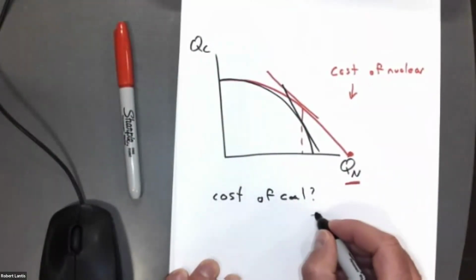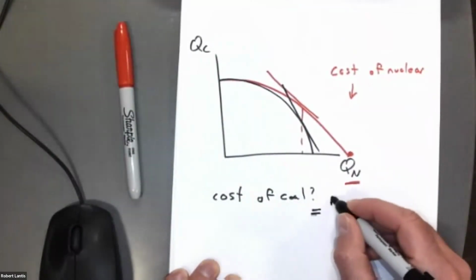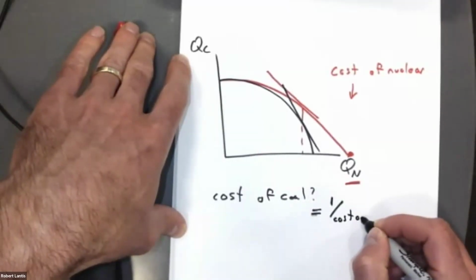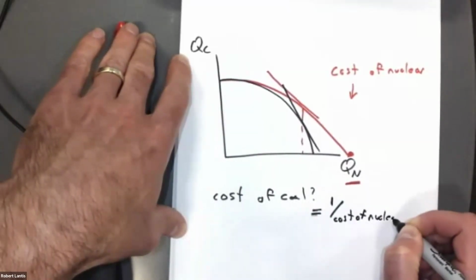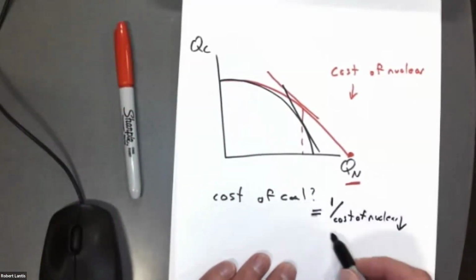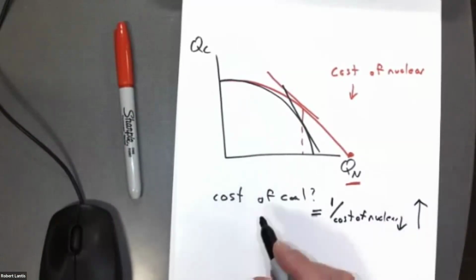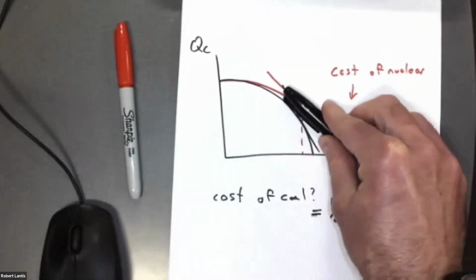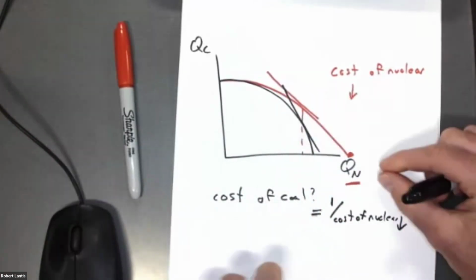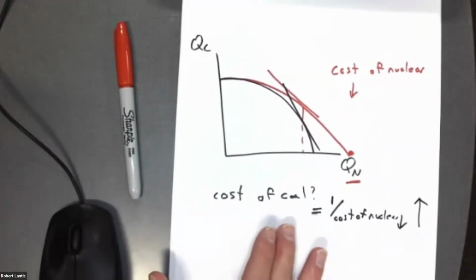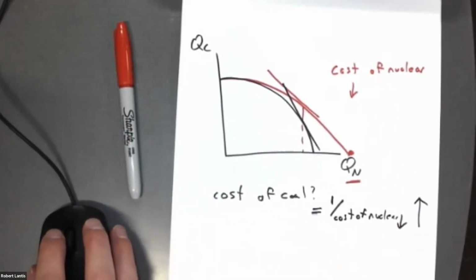Well, remember, the cost of my y-axis good is 1 over the cost of the x-axis good. So if this is going down, my fraction is going up, right? So this technology advancement would make my production possibilities curve flatter, which represents the cost of nuclear power going down and the cost of coal power going up.